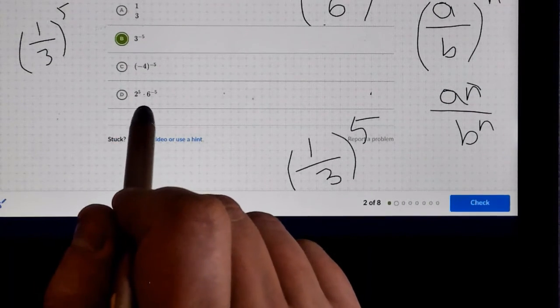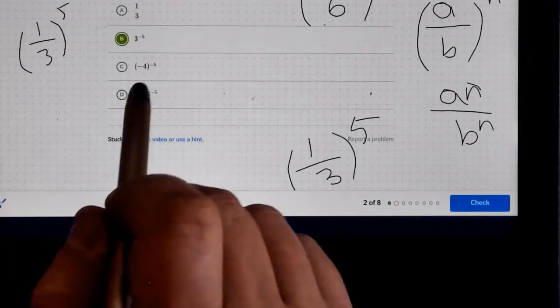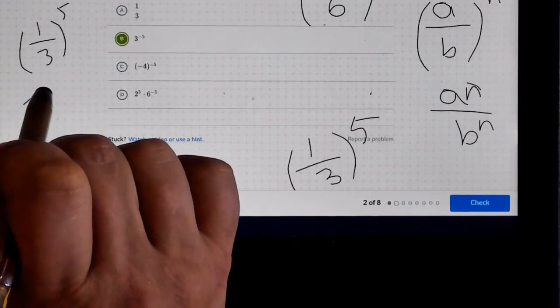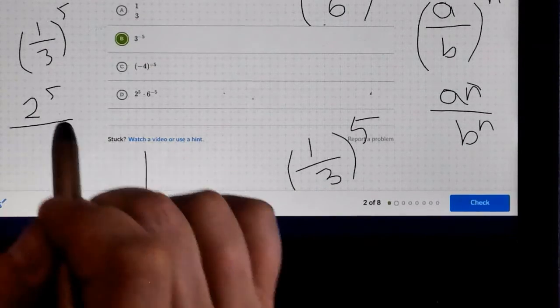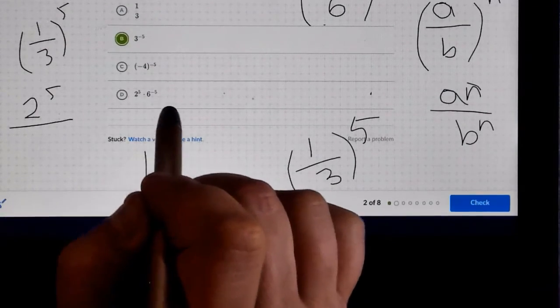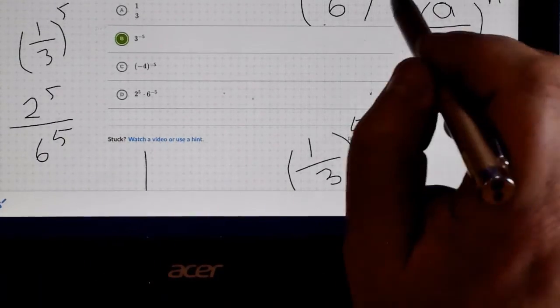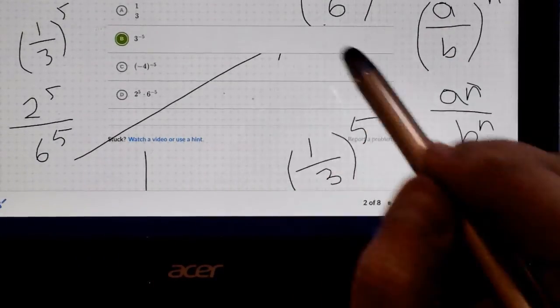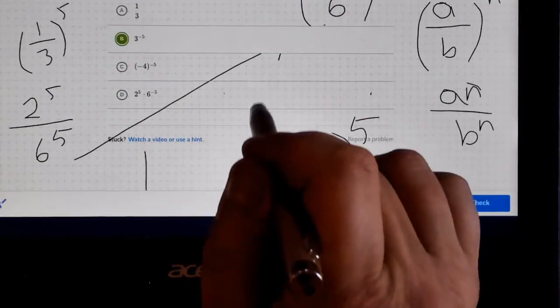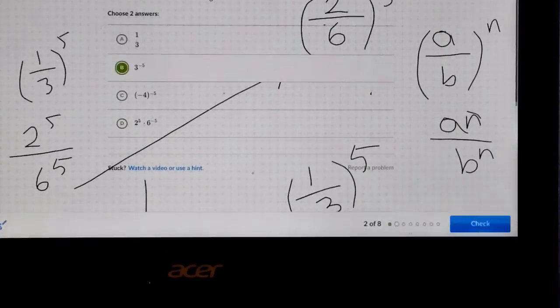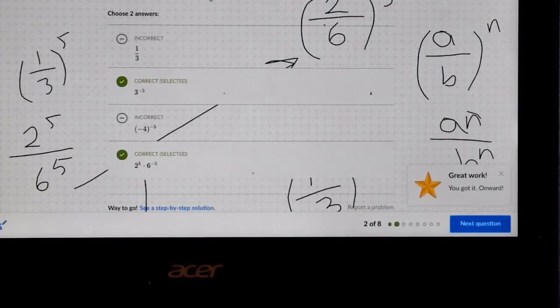That is no different than writing 2 to the 5th power over, bringing this from numerator to denominator, 6 to the positive 5. And that's exactly the one I wrote in the first place. So the next answer would be this.